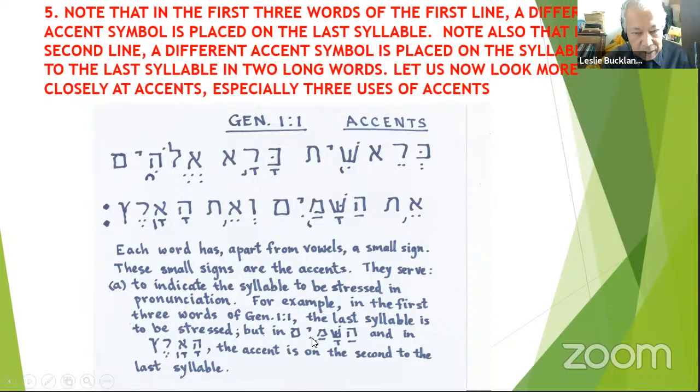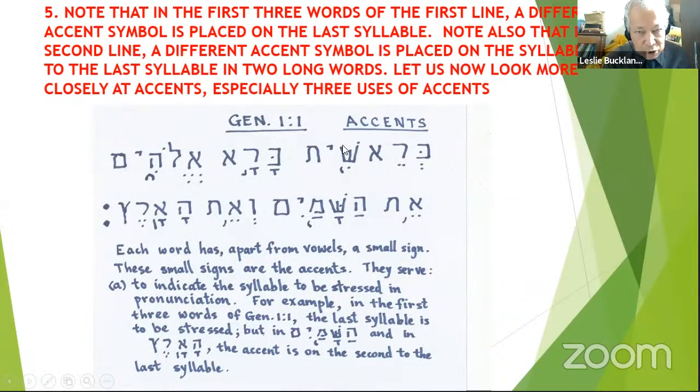But in Hashemayim and in Haares, the accent is on the second to the last syllable. So they indicate the syllable to be stressed in pronunciation. That's one use of the accent. Three uses in all, but this is one use, to indicate the syllable to be stressed in pronunciation.